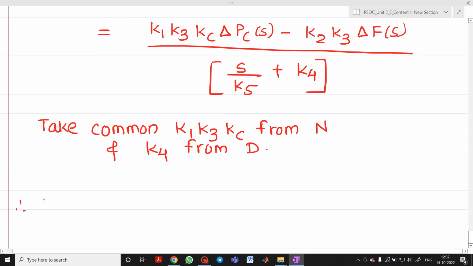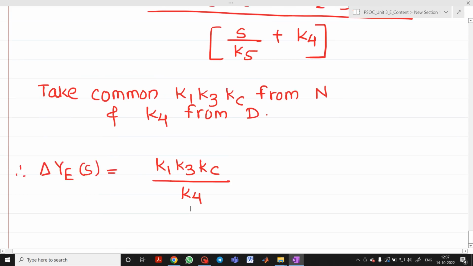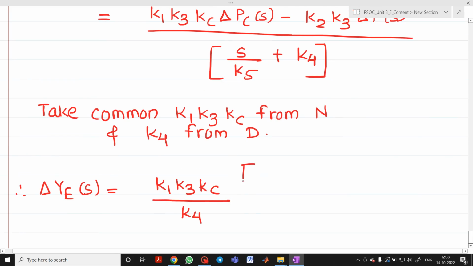So delta ye of s will be equal to, taking this k1, k3, kc common from the numerator and k4 common from the denominator, how am I going to write it? What will your expression be? Your expression will be like this. I will write it here.